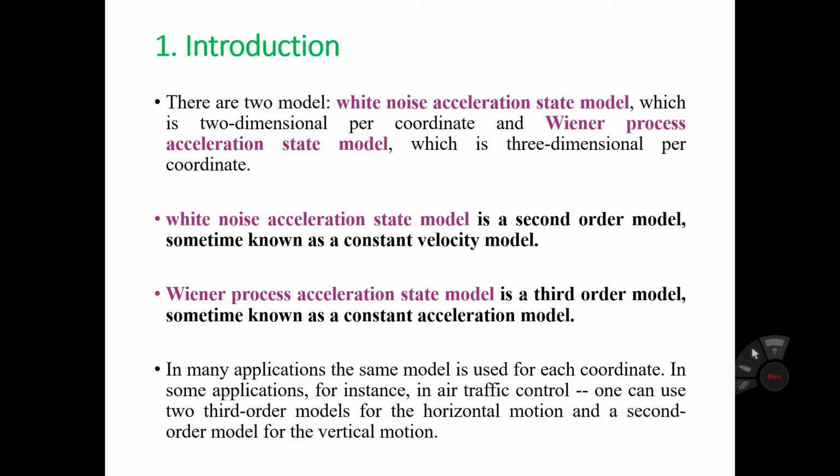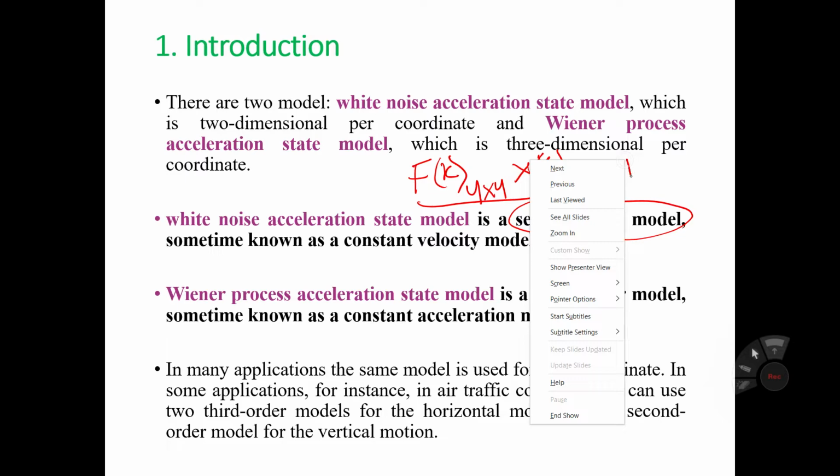In the case of the second order model, F of k is a 4 by 4 matrix, and x of k is a 4 by 1 vector. Means it includes only the two-dimensional position and two-dimensional velocity. So this is the second order kinematic model.